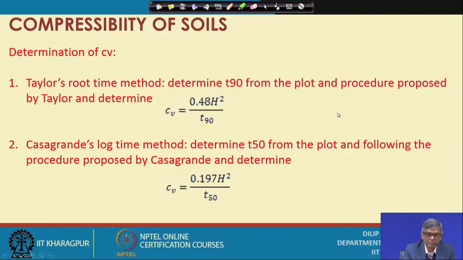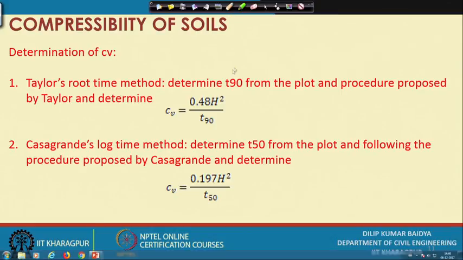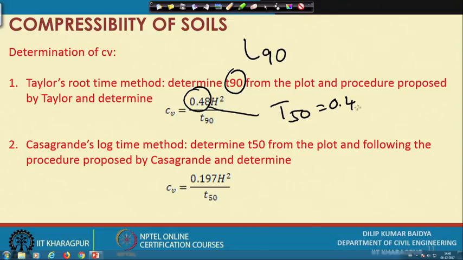For determination of C v, there are two methods: the root time method and the log time method. In the root time method we get T 90, and once you get T 90, C v can be related to T v.